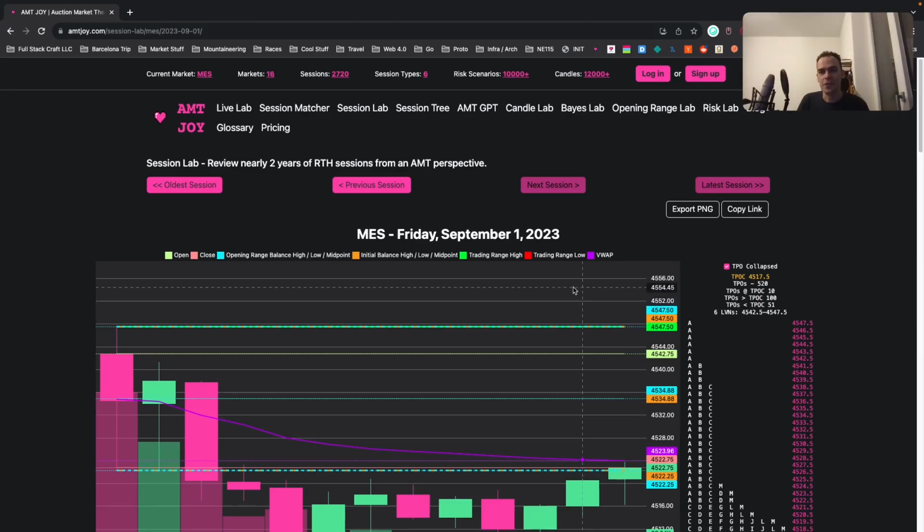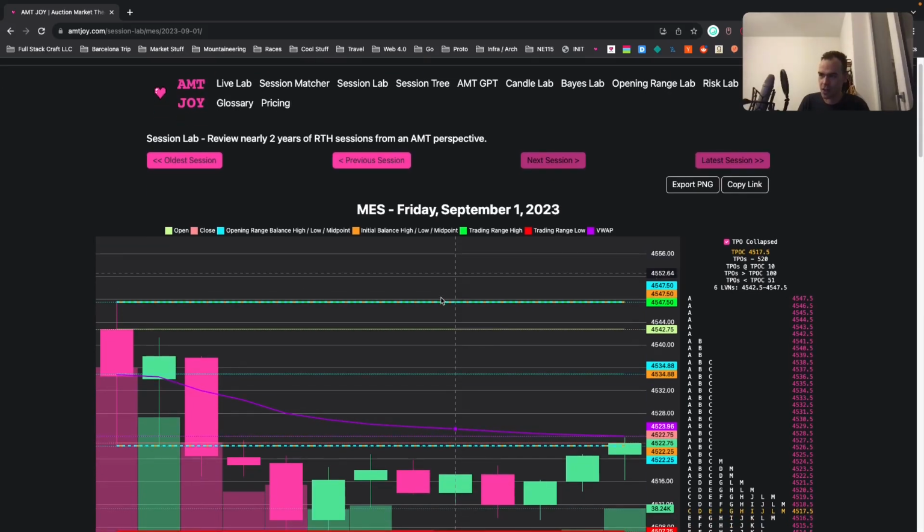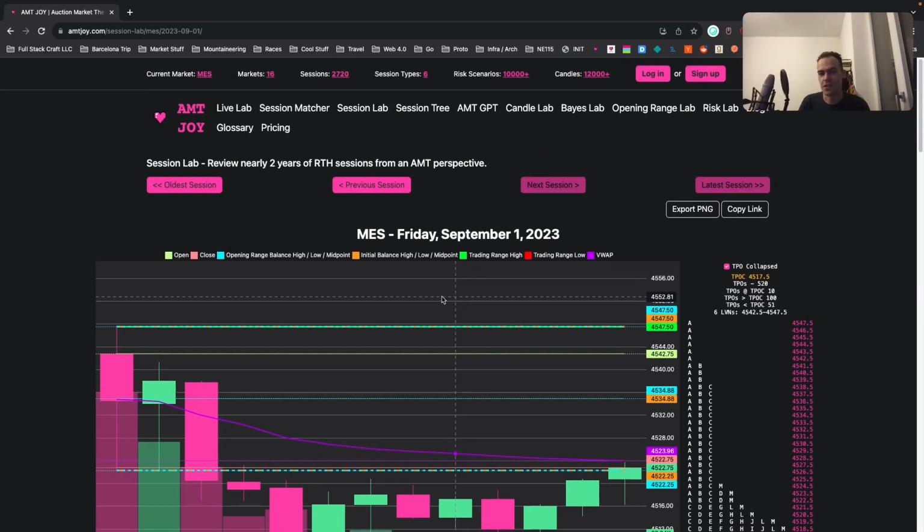Okay, so that was an initial look into all the tools and functionalities we have on the platform. I know it was a lot, but I think as you use the platform and look at the tools, you'll find the tool that you like the most or best fits your trading style.